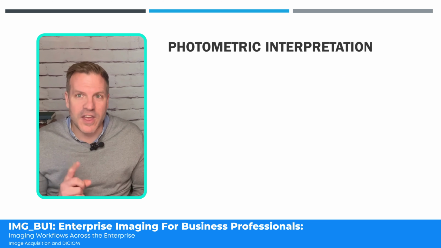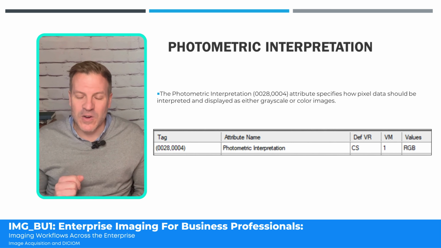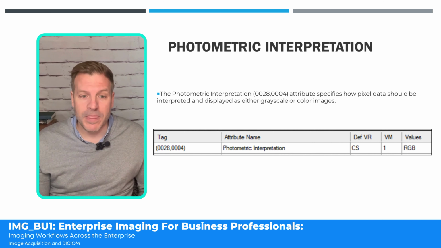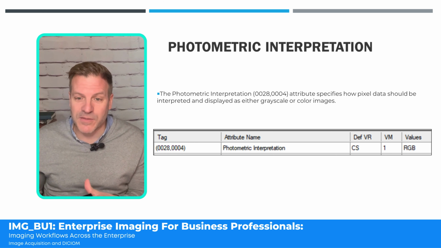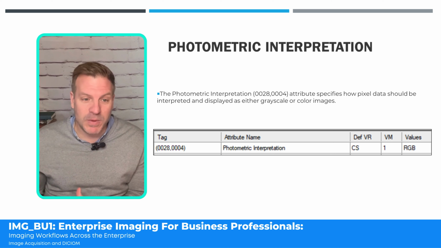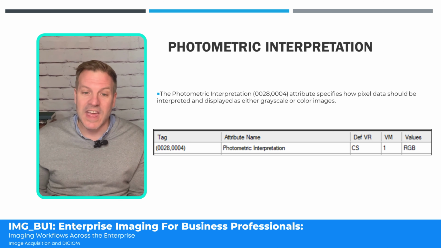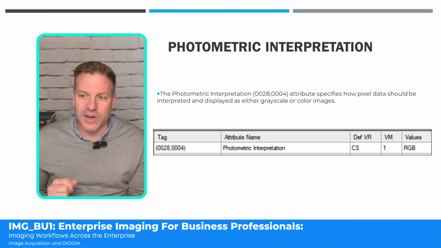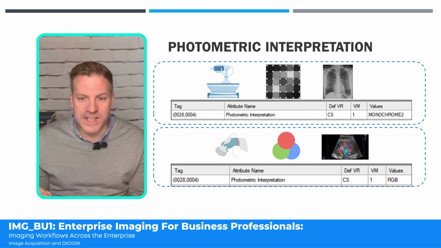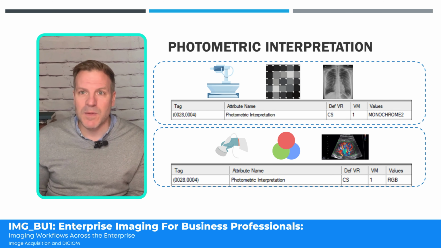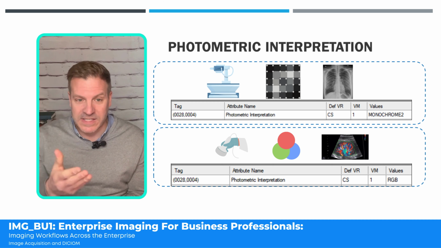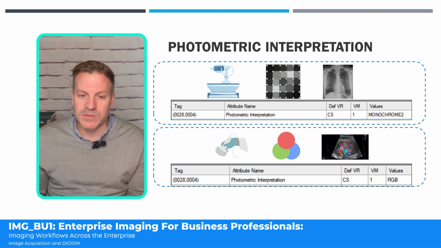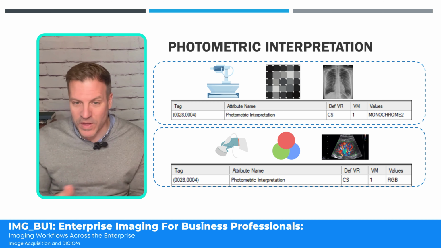Now, on the DICOM attribute side of things, there is this important tag. The photometric interpretation attribute allows us to specify how the pixel should be interpreted and displayed as either grayscale or color. So if we think of this as an example of some of the modalities that we've already gone through, let's think of a plain film chest x-ray.